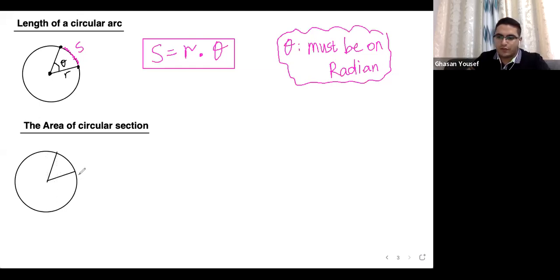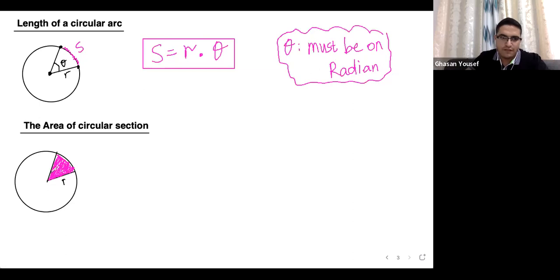And I need to find the area of this section. It looks like a bite of pizza. So we have a formula to find the area of this section.